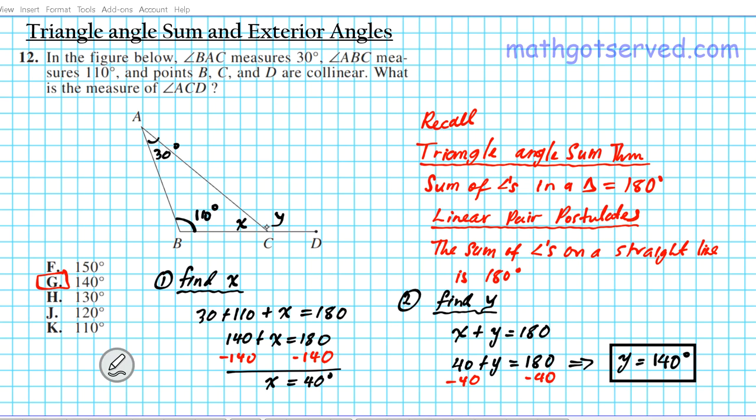That makes sense because Y is a supplement to this angle, adding up to 180 with X, and these two add up with X to form 180. So 30 plus 110 must be equal to Y. That's just another way of doing question number 12.